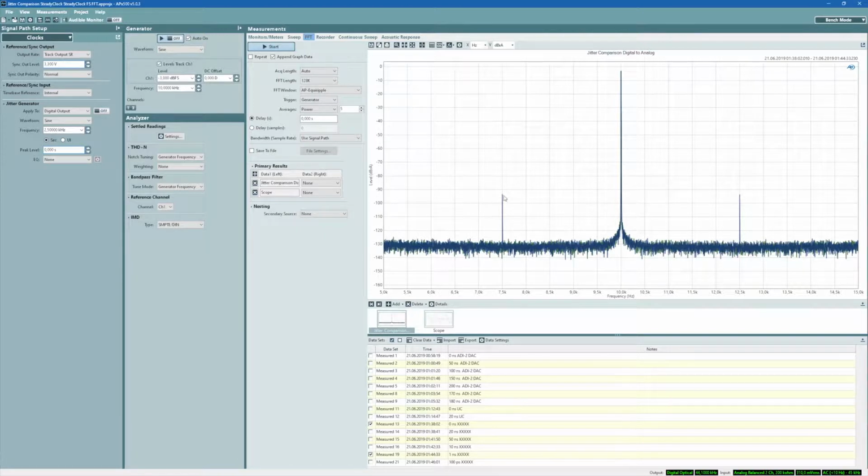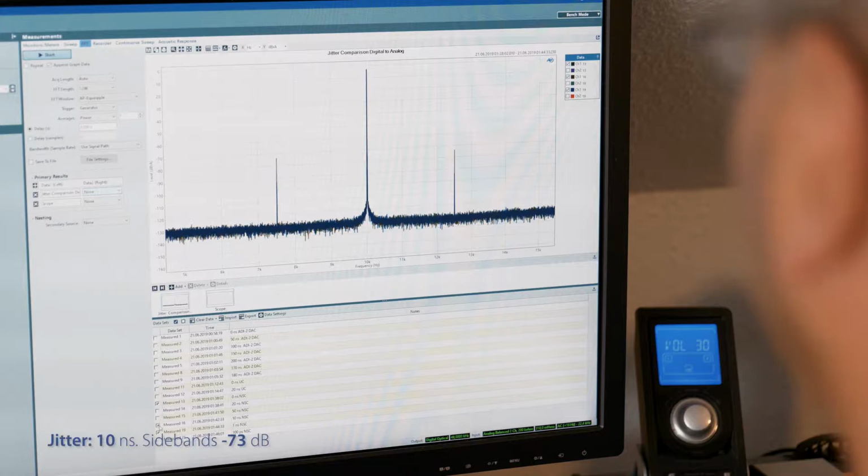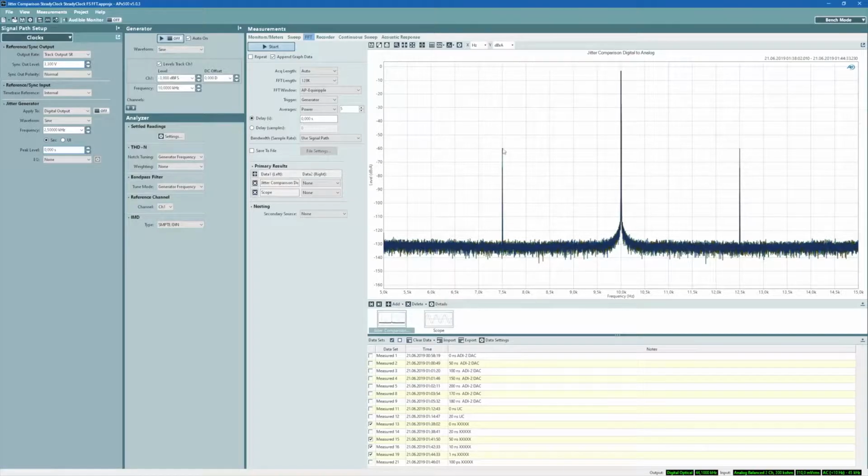This is with only 1 nanosecond of jitter. Higher jitter values, of course, cause higher sidebands. This is 10 nanoseconds, this is 20 nanoseconds, and finally 50 nanoseconds. Now we reach about minus 60 dB.